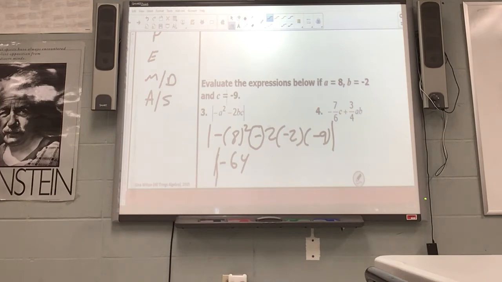I'm gonna say negative 2 times negative 2 is 4, and then 4 times negative 9 is negative 36. So I'm gonna have a minus sign there for my 36. Okay, then what's negative 64 minus 36? Negative 100. And what's the absolute value of negative 100? 100. Positive 100, very good.